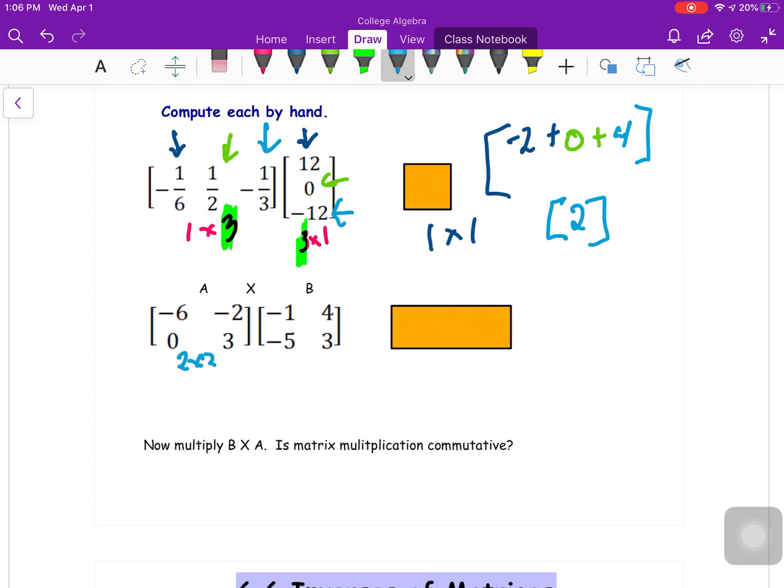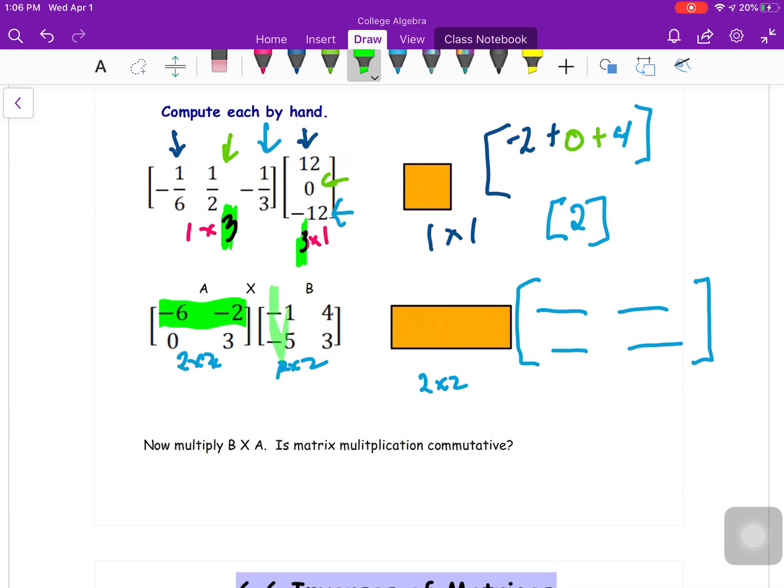Now on this next matrix, I have a 2 by 2 times a 2 by 2, and again those match, so I should get a 2 by 2. So I'm going to make my 2 by 2 spots.